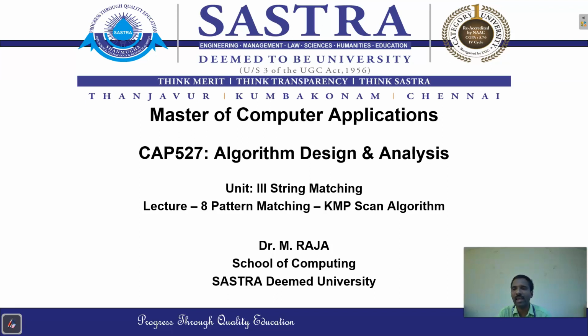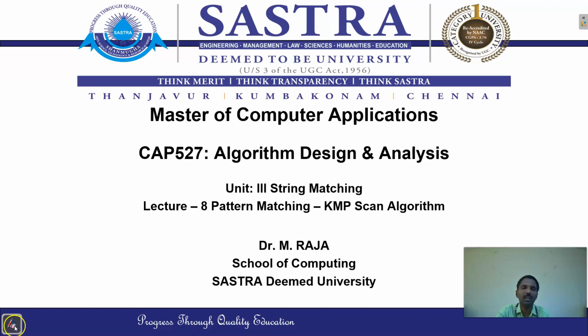The KMP scan algorithm initially calls the KMP flowchart construction algorithm so that the failure array links are filled. Then the algorithm scans the given line of text to check if the pattern P is completely available in the text T or not.